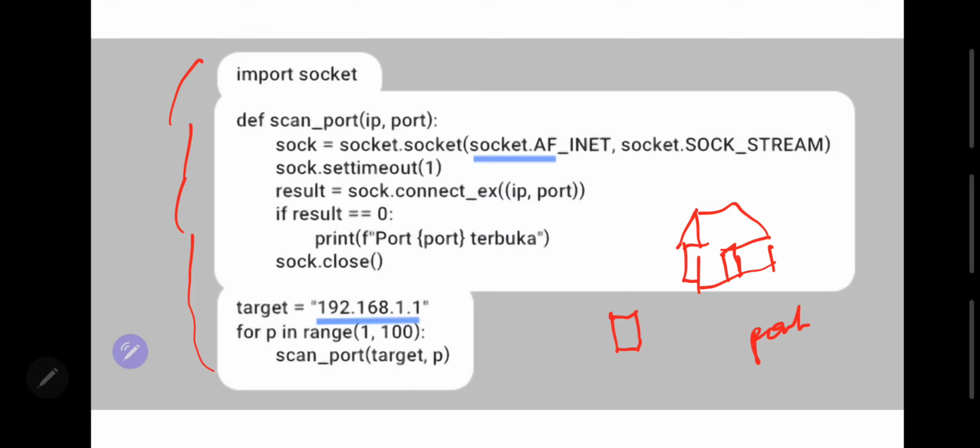I think there is a door in every room, and a hacker wants to enter your room or your house through a door which is open, and this code checks whether your door is open or not.